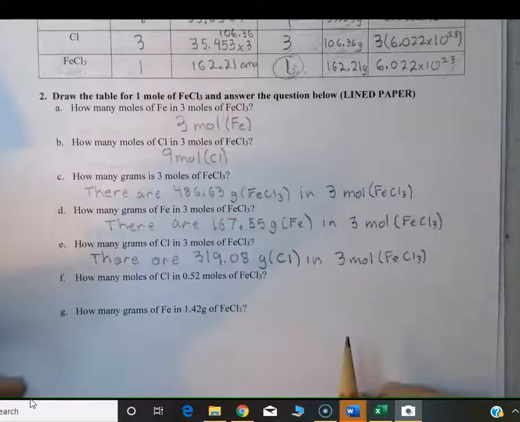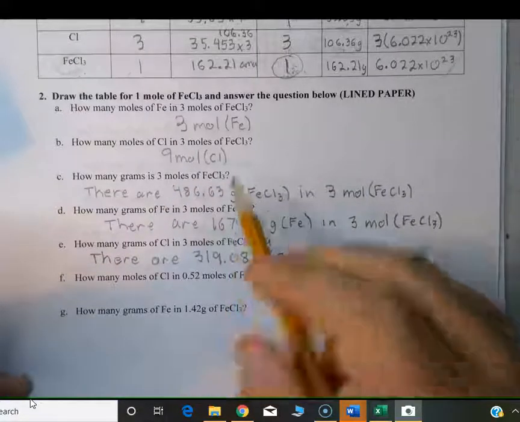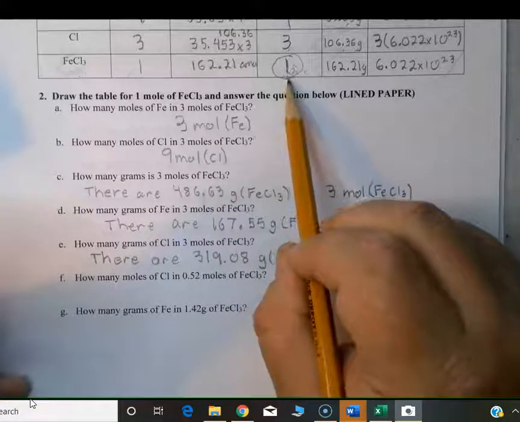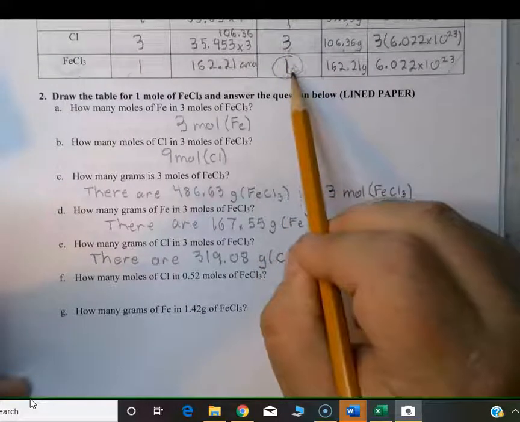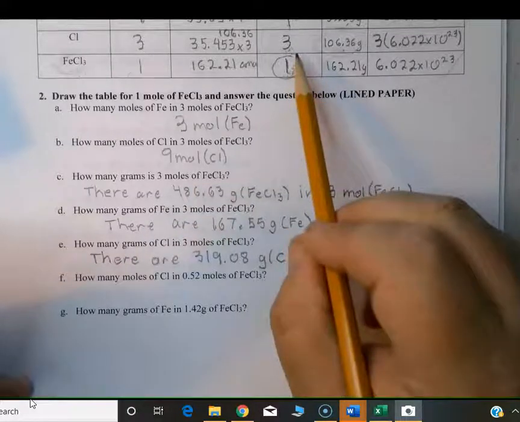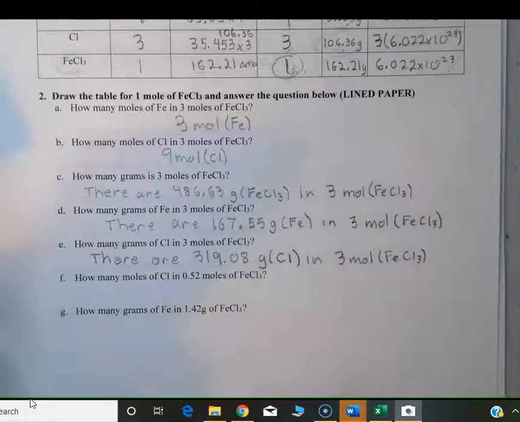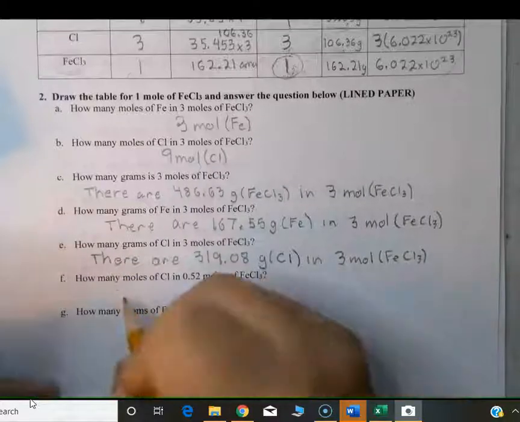All right. How many moles of Cl in 0.52 moles of FeCl3? All right, so in 1 mole of FeCl3, there's 3 moles. So if I'm going to multiply this by 0.52 to get 0.52 moles, I multiply this by 0.52. So we'll go ahead and do that. And 3 times 0.52 is 1.56.